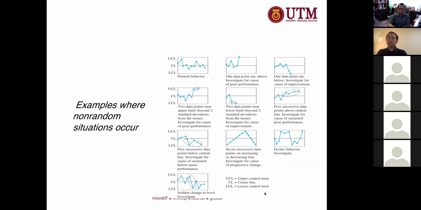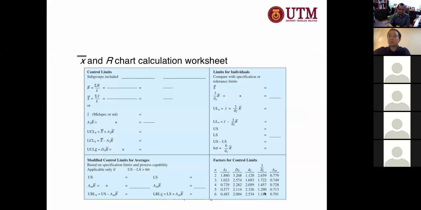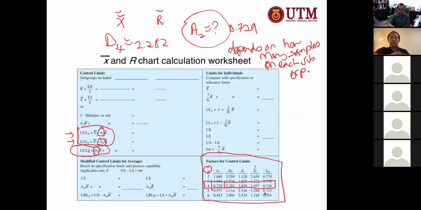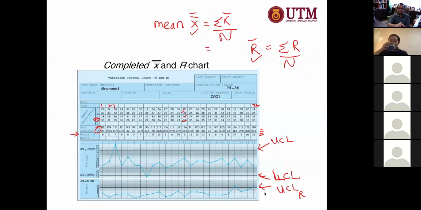Before I go further, let's look at the interpretation of this SPC chart. This one is how to calculate the X double bar, R bar, average X bar for each subgroup, range for each subgroup.